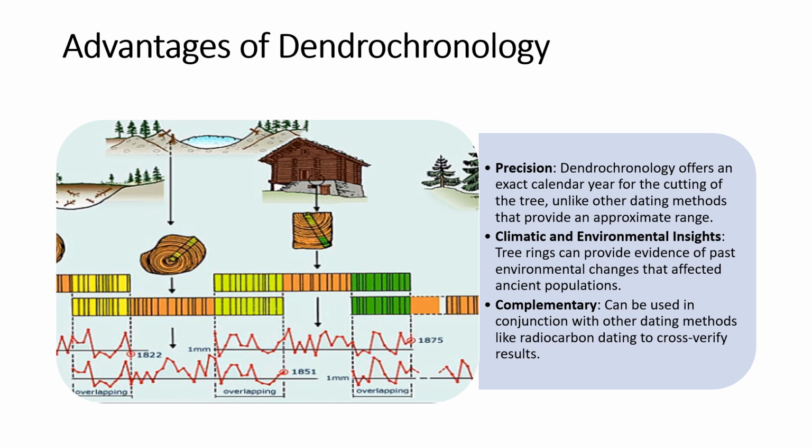As I discussed in the second slide, the term is precision. Precision is unmatched when it comes to dendrochronology. It can give us the exact calendar year in which a tree was felled, making it one of the most accurate dating techniques available.